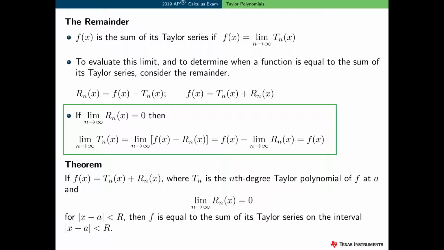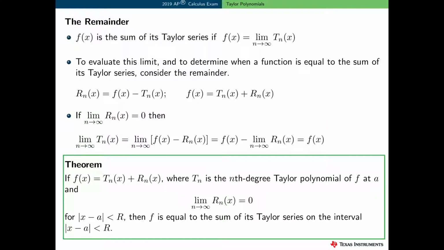If we can somehow show that the remainder goes to 0 as n increases without bound, then f of x is equal to its Taylor series. And here's the theorem that states just that. Essentially, if the limit as n goes to infinity of r sub n of x is equal to 0, then f is equal to the sum of its Taylor series.